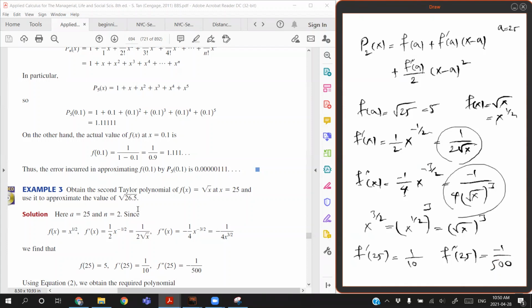Is that clear? So I just need to plug in 5 goes here, 1 over 10 goes here, and negative 1 over 500 goes here, and I'm done.